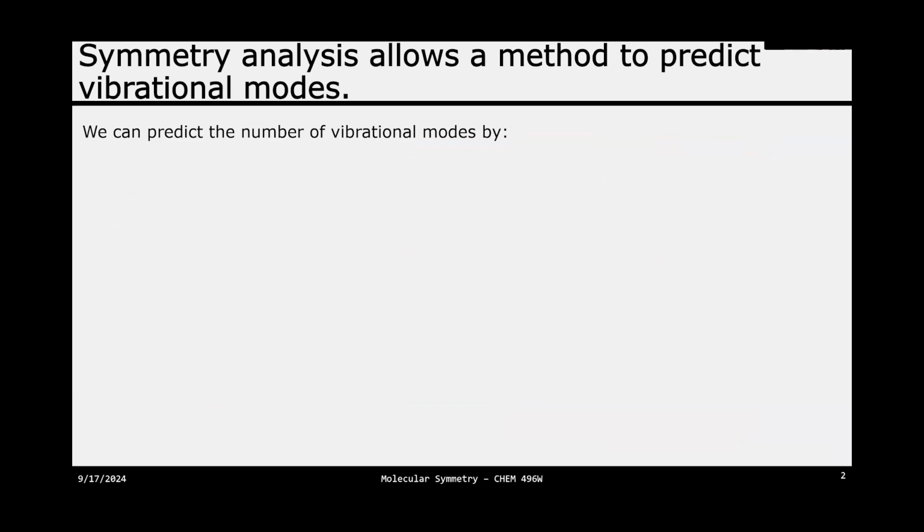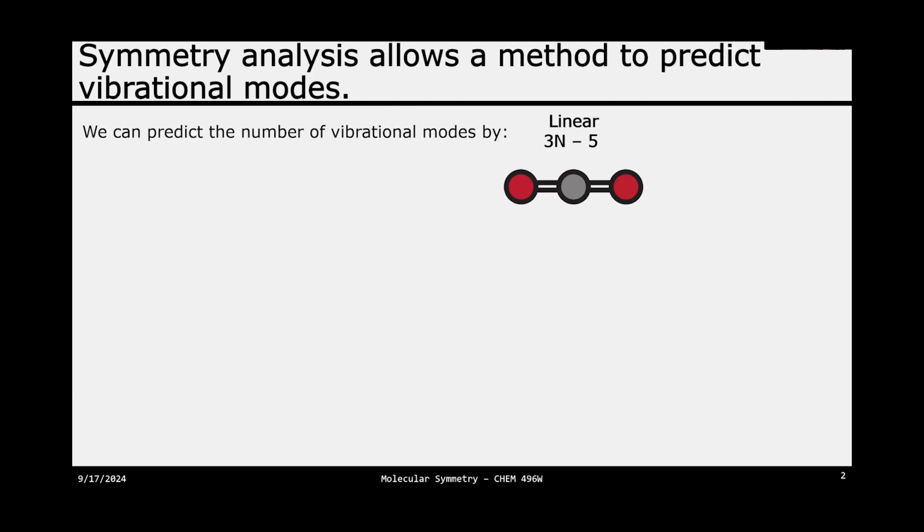So if we want to figure out vibrational modes of something, there are ways that we can predict them. Typically we think about the equation 3N minus 5 for something that's linear.